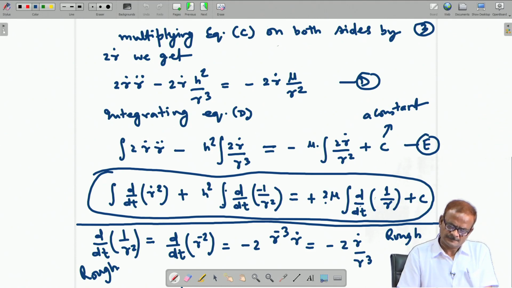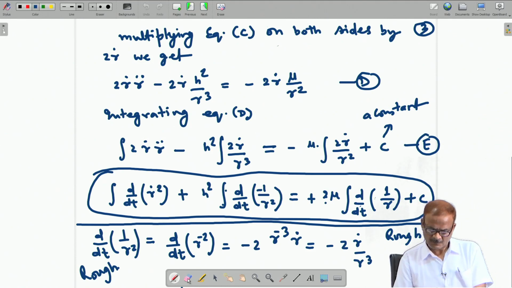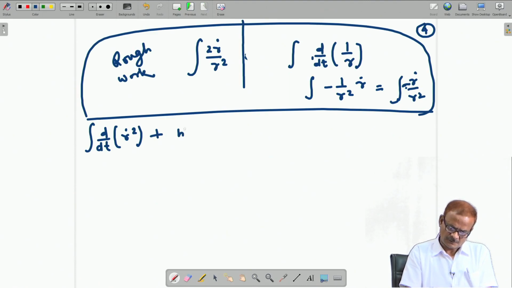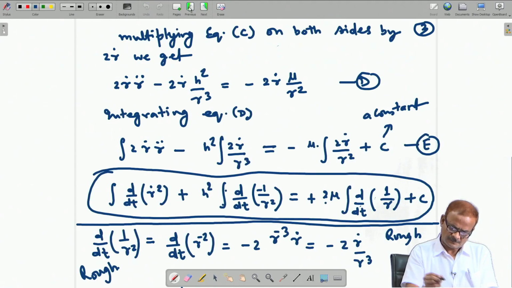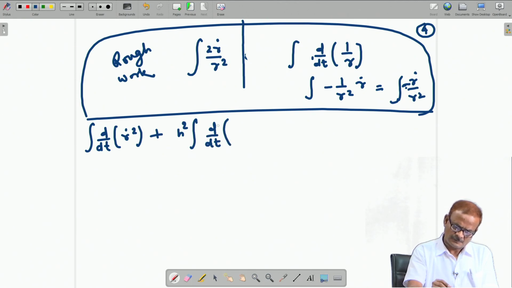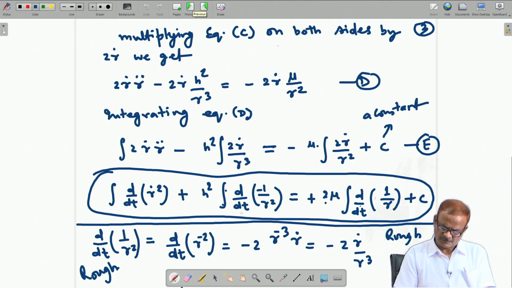Okay, plus h square dy dt, okay, here if we differentiate it, so that becomes plus.